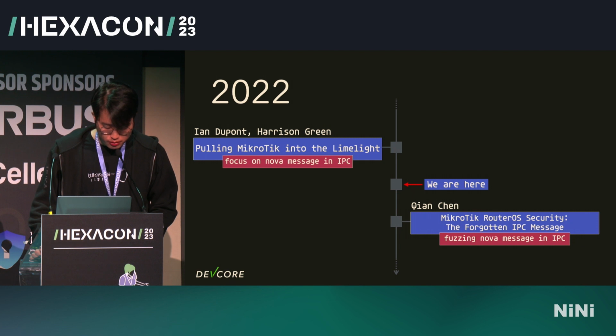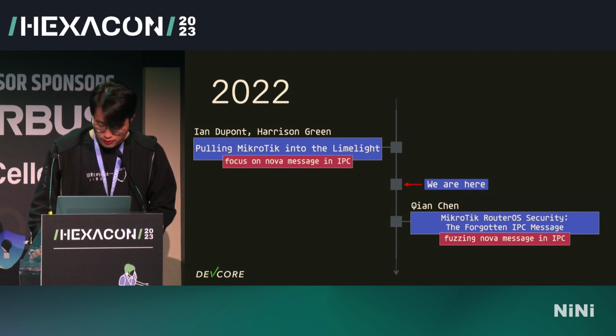So when we were writing our exploit with the vulnerability I will introduce later, there was a talk at POC 2022, MikroTik RouterOS security, the forgotten IPC message. But I think it's far from forgotten.